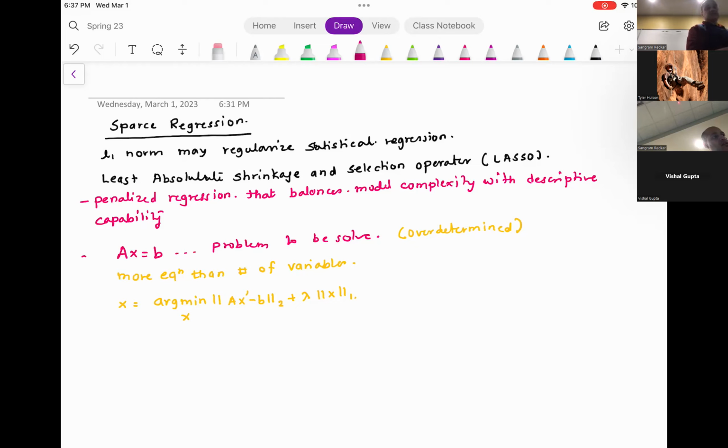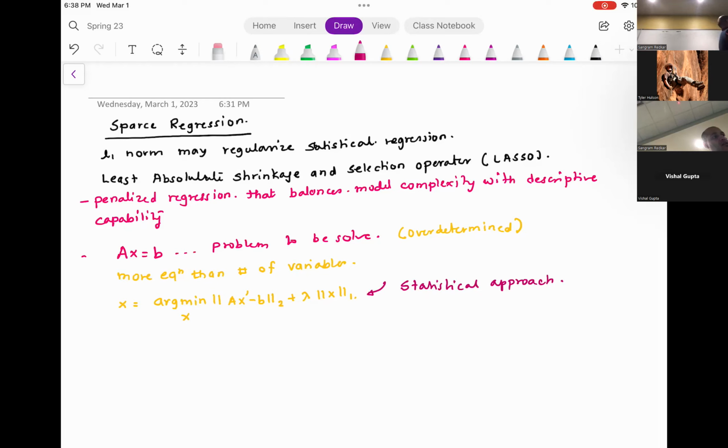You can set that range, and then it will try to find the appropriate values of x. So this technique is a statistical approach, and this is very commonly used in statistical analysis.